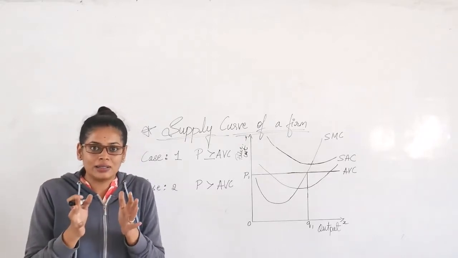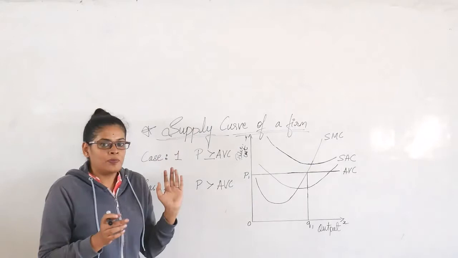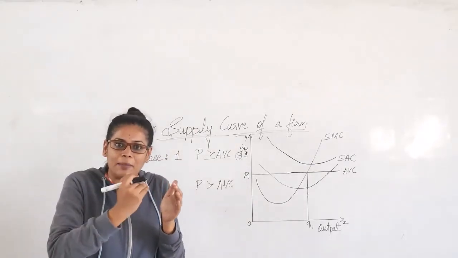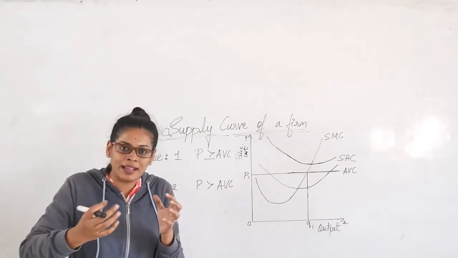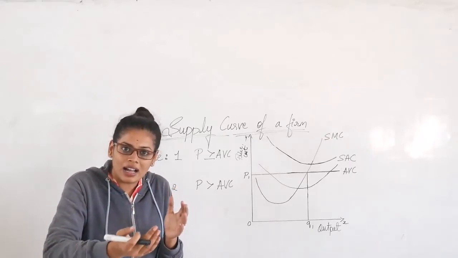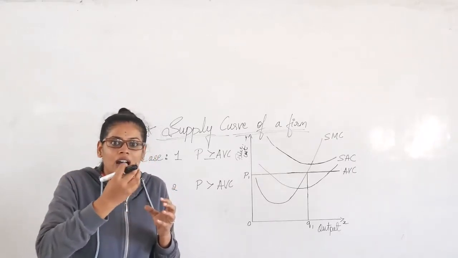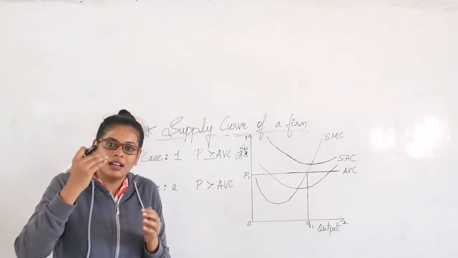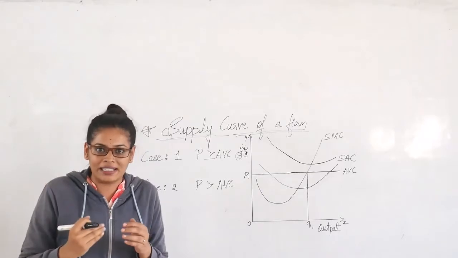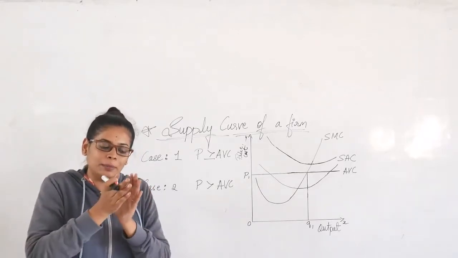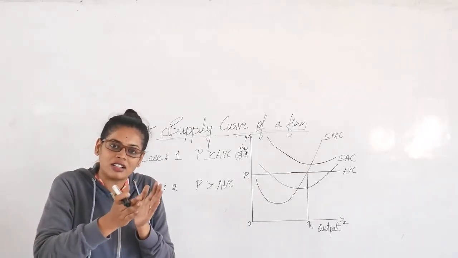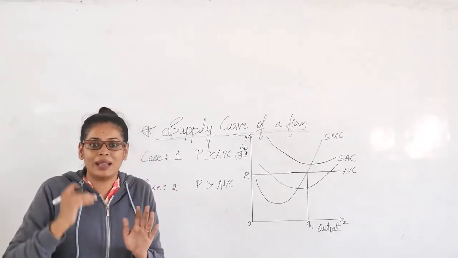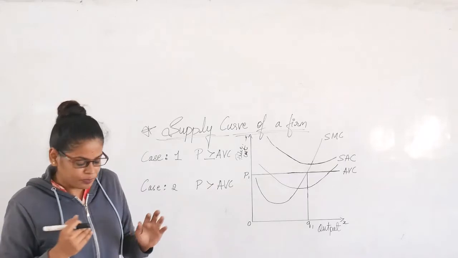And a supply schedule is the table describing the quantities sold by the firm at different prices. Here also the price of the factors of production and the technology are mentioned earlier.